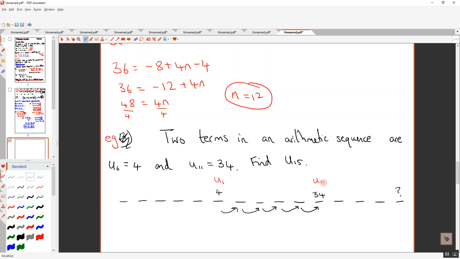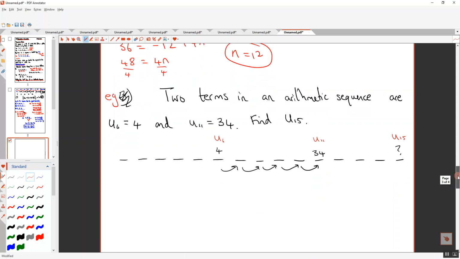So if we look at the formula, would I be trying to find u sub n, or am I trying to find d and then u sub n? You're going to need to find d first, yeah, if you want to do it like that.